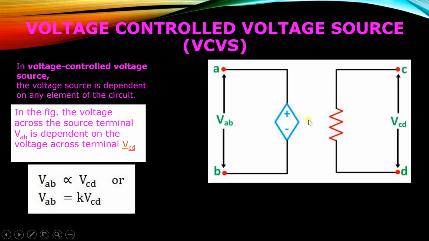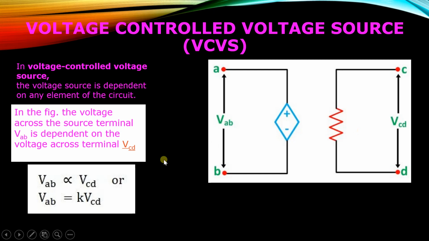In this case we have a voltage between A and B at the output, and this voltage is directly dependent on the voltage between the points C and D, that is, the voltage across the C and D terminals.